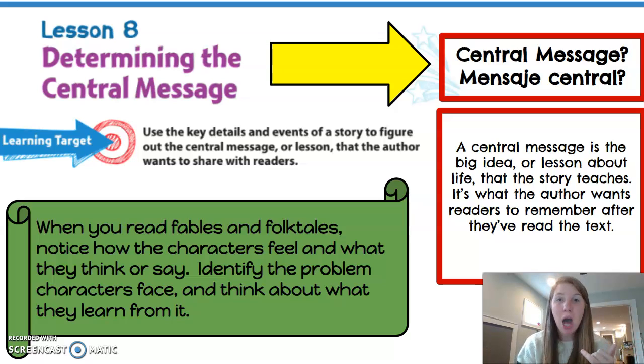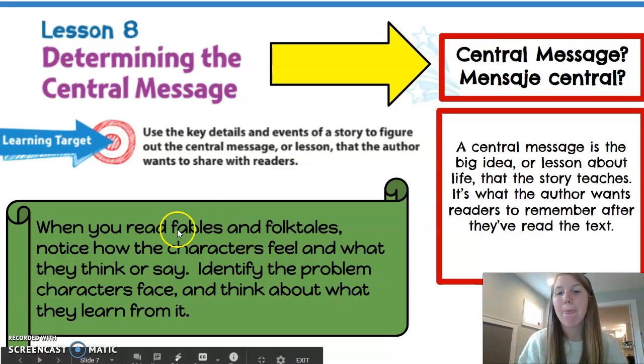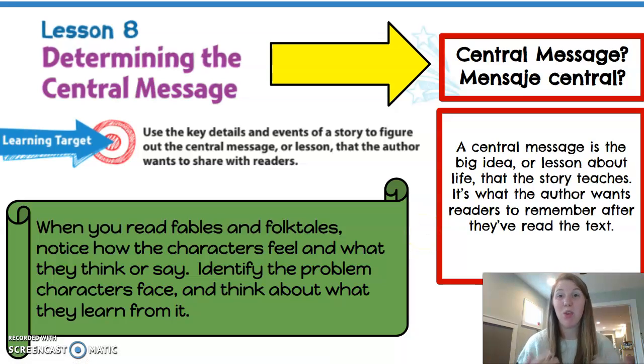Like it can apply to your mom, your grandma, your sister, your brother, your aunt, your uncle. What could you tell everyone that you learned from the character in the story? Go ahead and think about that. I think you could learn that you should not lie to others because they will not help you when you are in trouble.